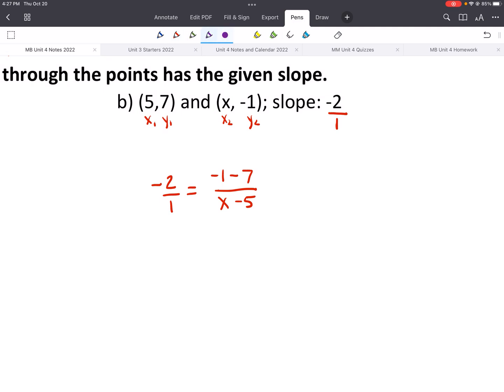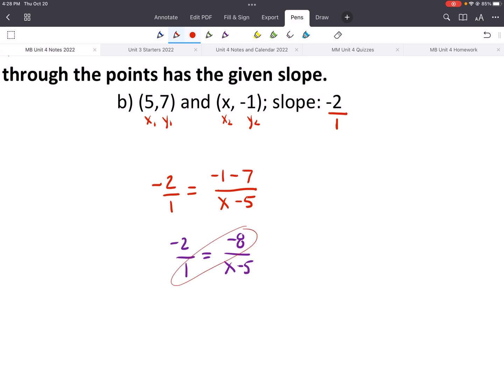We'll simplify that numerator here, so that would give us negative 8. And I know sometimes people just go like this and change that to be negative 8, and I'm okay if you do that. It'll save you some time. Just make sure you know what you're doing. Okay, and then we'll just cross multiply and solve.